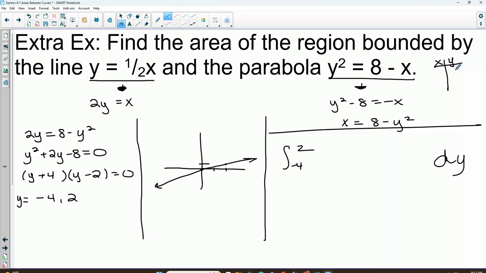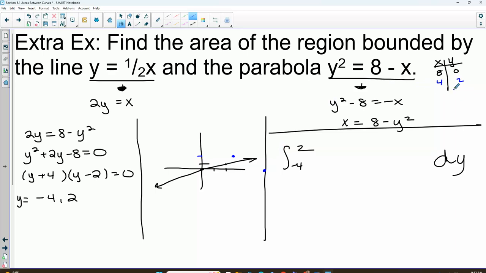If my y is 0, then my x is 8. That's all the way over here somewhere. If I put in a 2 for my y, 8 minus 2 squared is 8 minus 4, so my x is 4. 4, 2.